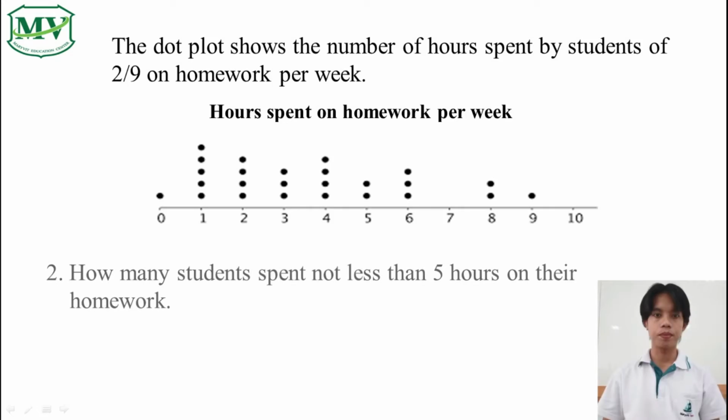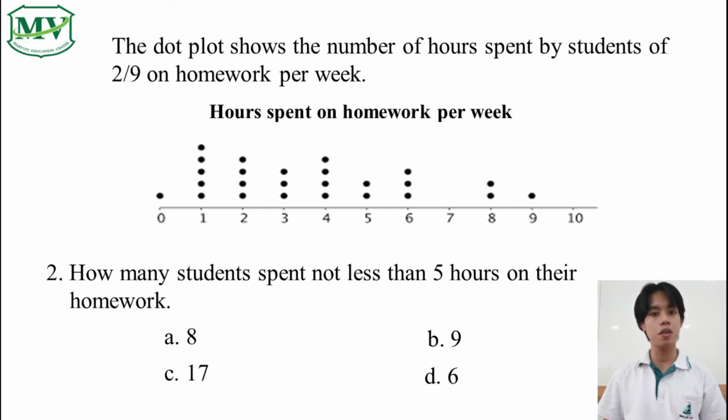Number 2. How many students spent not less than 5 hours on their homework? A. 8, B. 9, C. 17, or D. 6? In this problem, the same dot plot is used as in number 1.